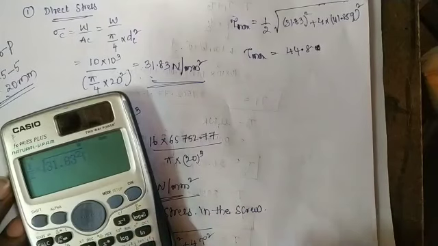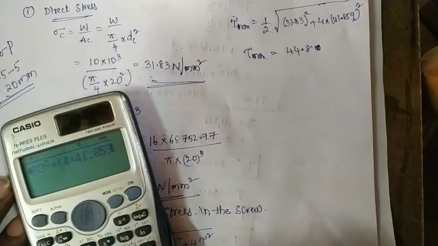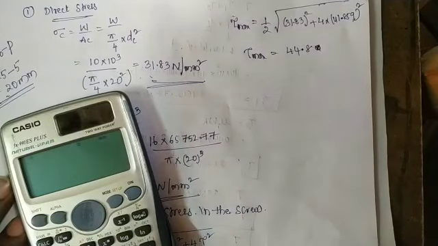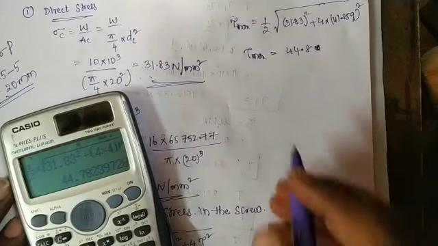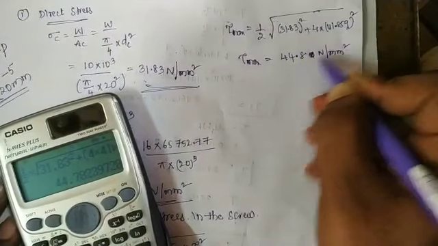31.83 whole square plus 4 into 41.859 whole square, so tau maximum equal to 44.78 Newton per mm square.